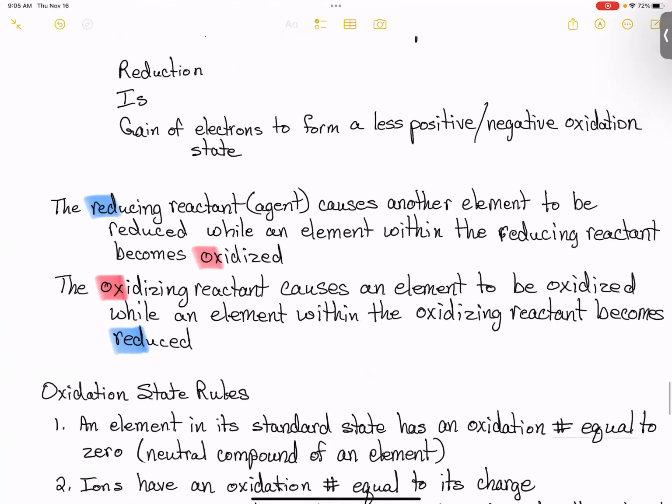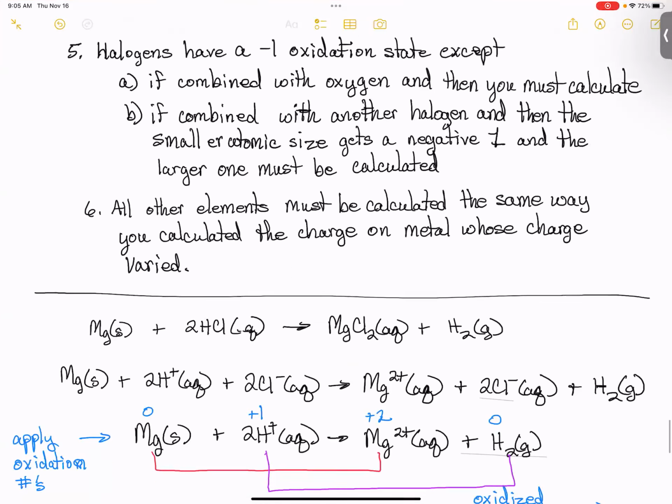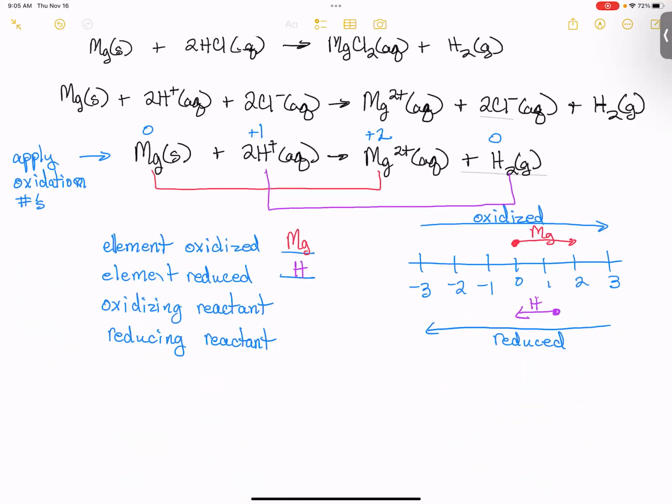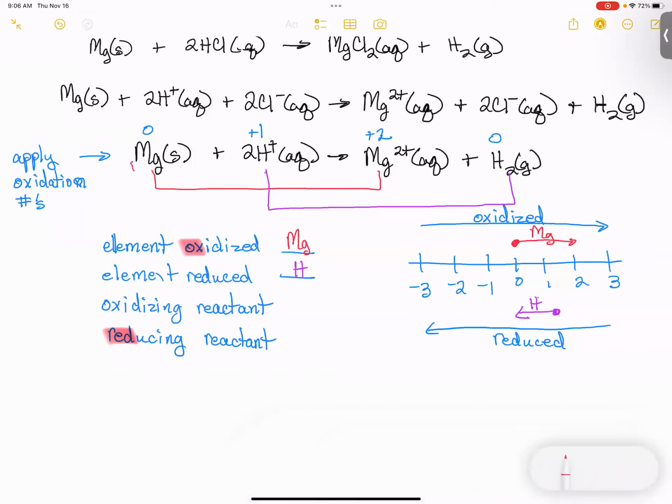Going way back up here, the reducing reactant is going to contain the element oxidized. So the element oxidized, again, remember our redox. Element oxidized has to be with the reducing reactant. So we're going to look back at the reactant that contained the magnesium, and it was magnesium solid. So that is our reducing reactant.